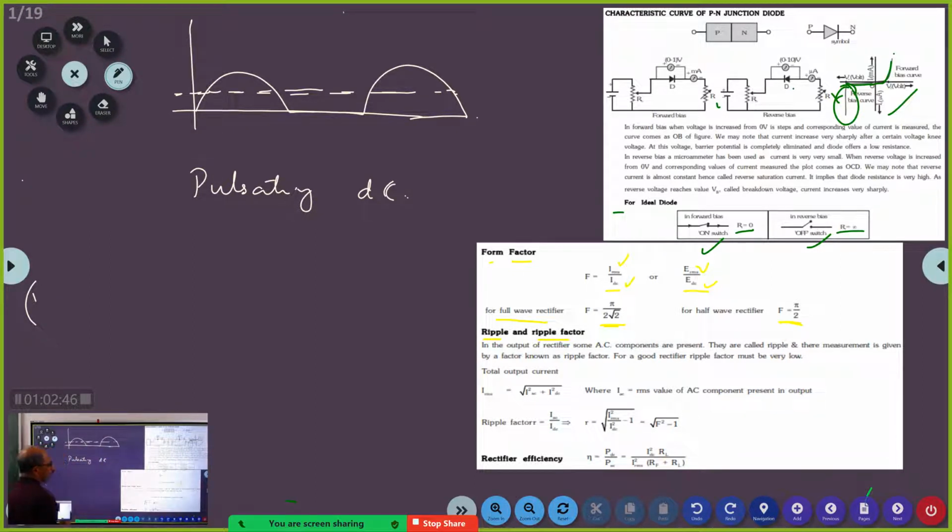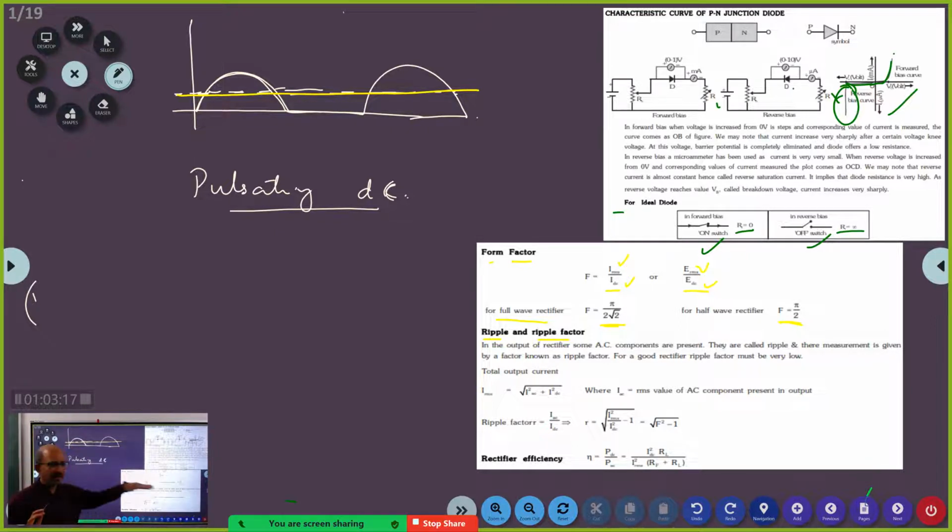Why is it called pulsating DC, sir? Because above this average value, you have this waveform. It appears like a pulse, one after the other. That's why it is called pulsating DC. Actually, frankly speaking, ideally we wanted a DC output like this.